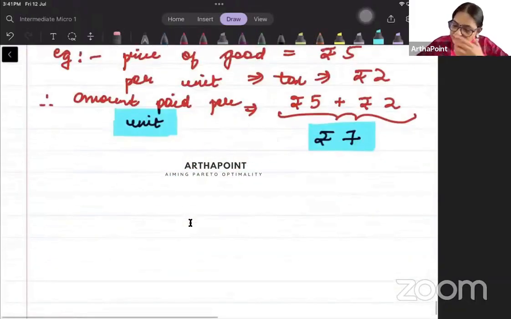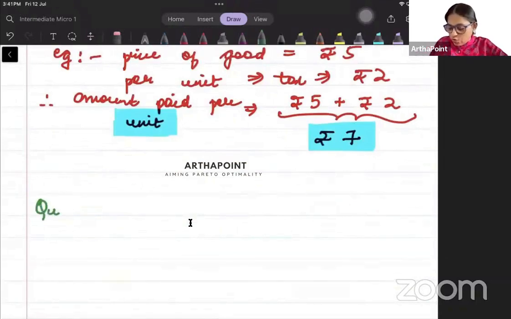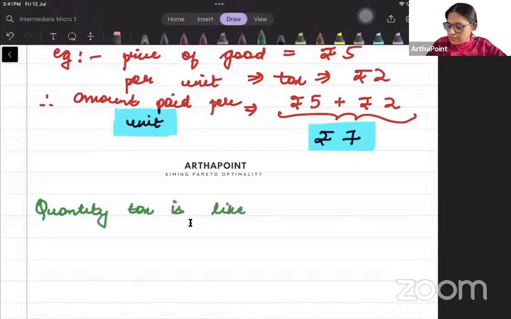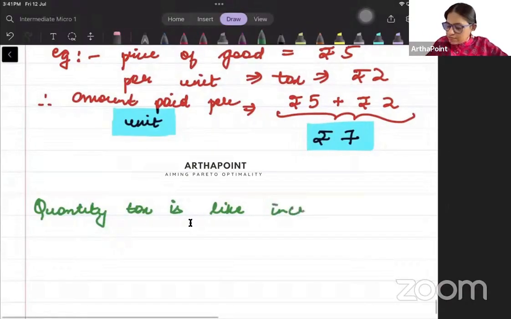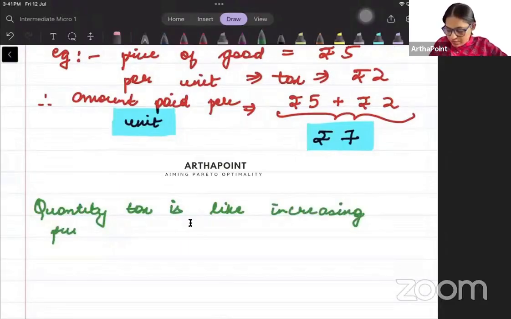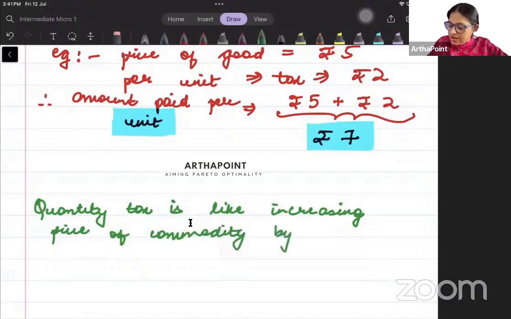So we can say, please write down with me, quantity tax is like increasing the price of the commodity by T rupees.